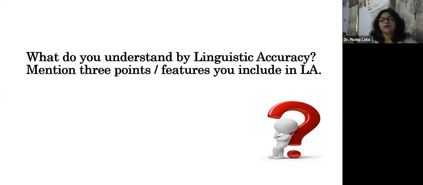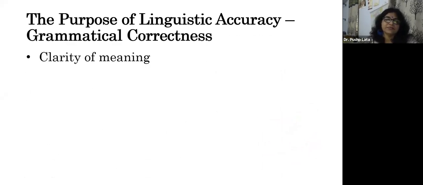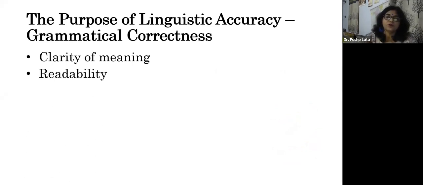I think you have a fair idea of what is included in linguistic accuracy. So, friends, when we are talking about linguistic accuracy, of course, we are talking about grammatical correctness, because that is going to bring clarity of meaning. That is going to make our writing more readable for our readers.